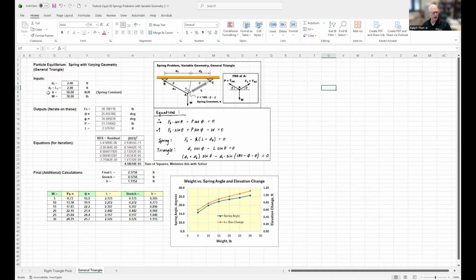And I can input a spring constant. Once I hang a weight from this guy at point A, then this system will fall to an equilibrium position where the spring stretches and the entire system is in force equilibrium.